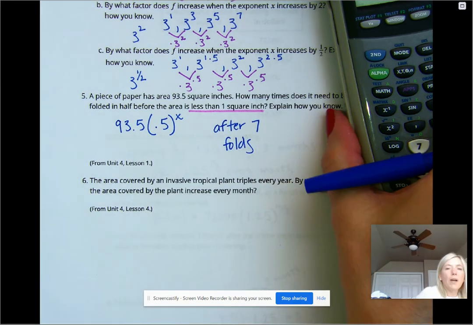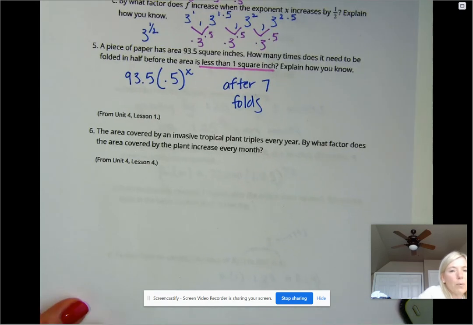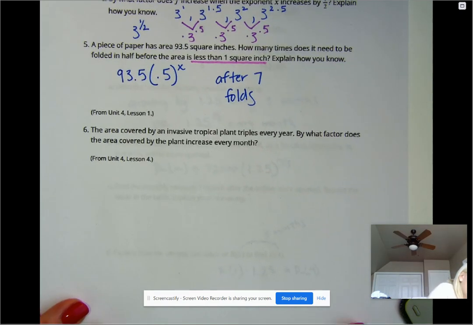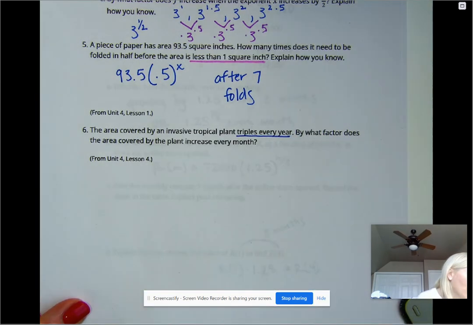Okay, and then finally for number 6, the area covered by an invasive tropical plant triples every year. By what factor does the area covered by the plant increase every month?